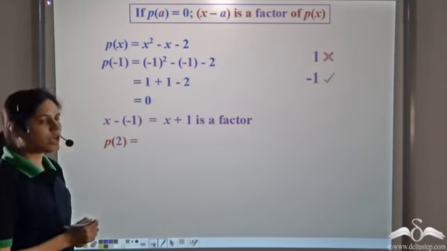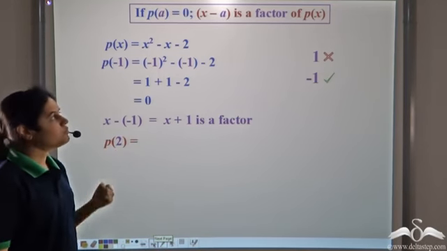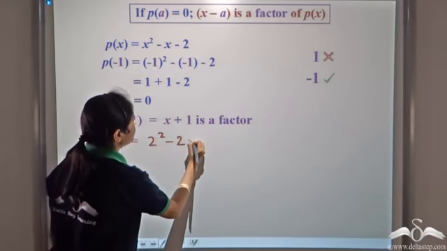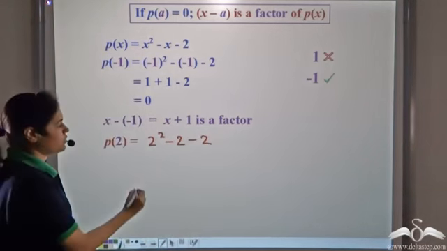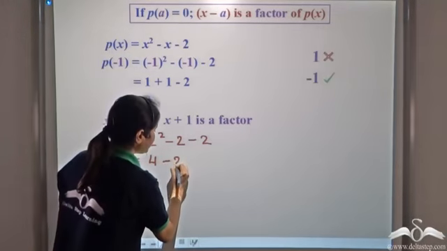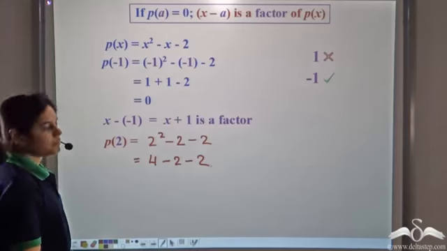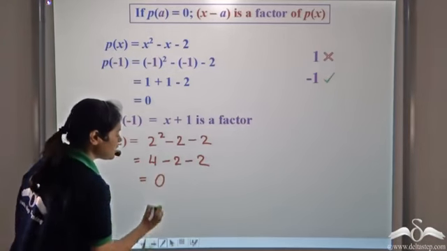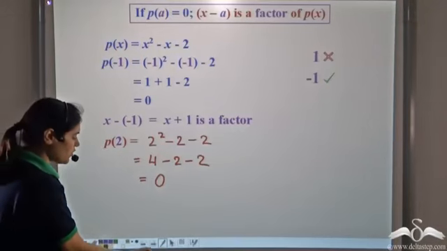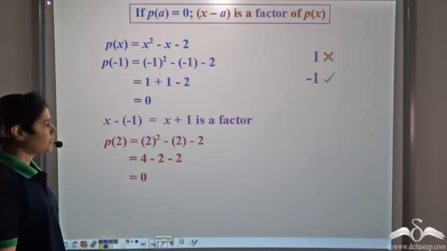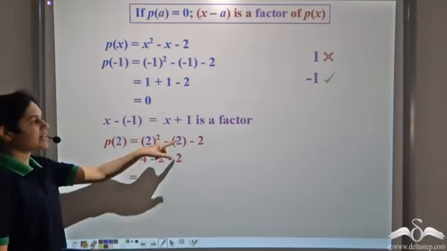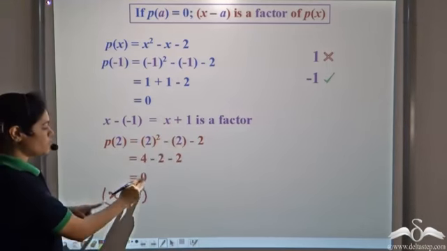So let us check for 2 now. What is P(2)? 2 square minus 2 minus 2. 2 square is 4. So we have 4 minus 2 minus 2, which is equal to 0. 4 minus 2 is 2. 2 minus 2 is 0. So we get P(2) as 0. So we can say x minus 2 is a factor of P(x), because P(2) is 0.